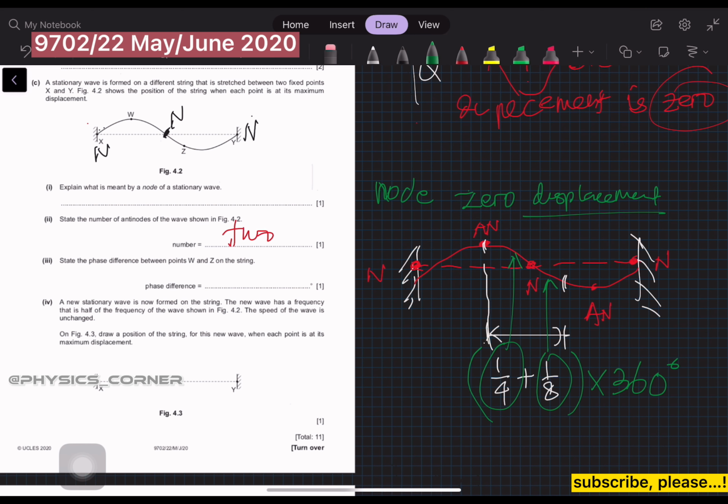So this is something like 3/8 of 360. Am I correct?